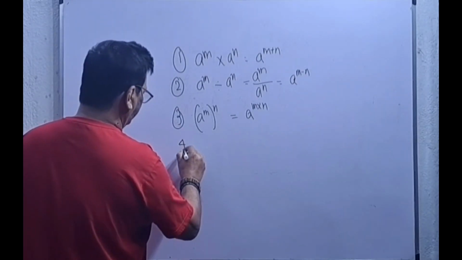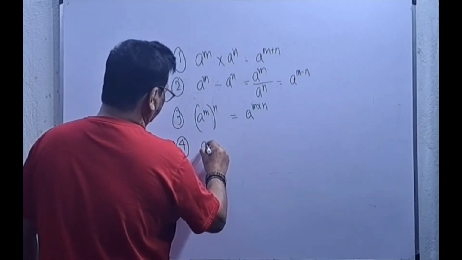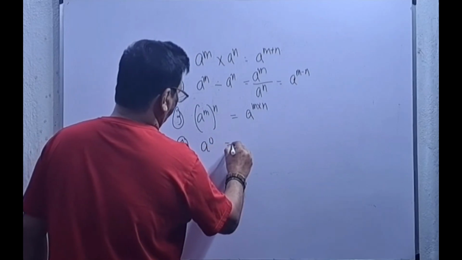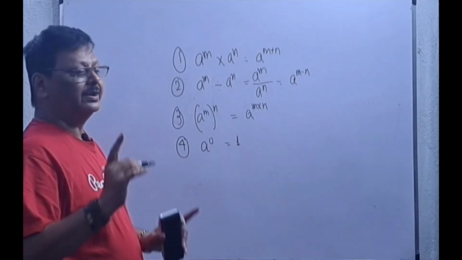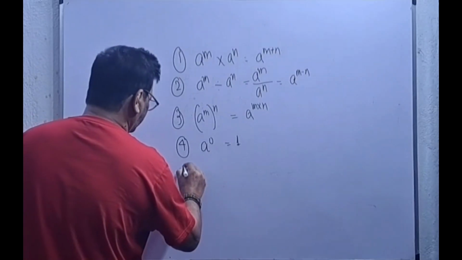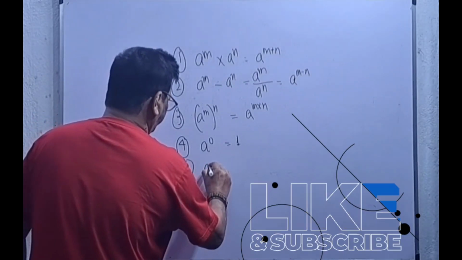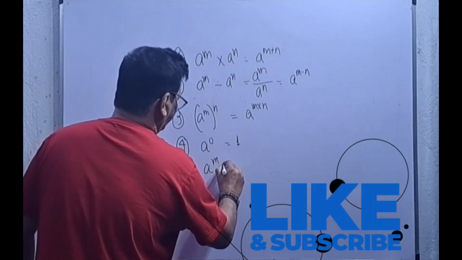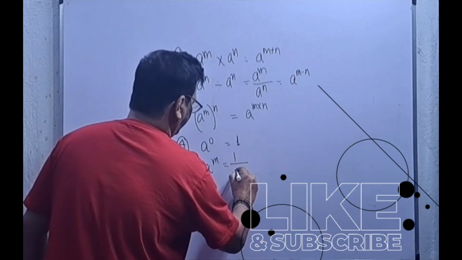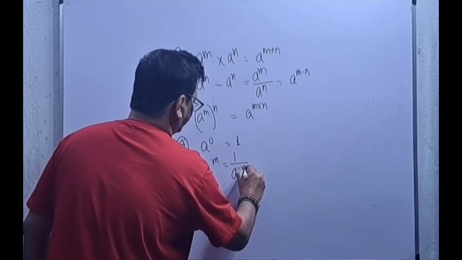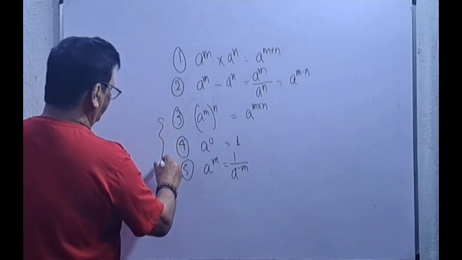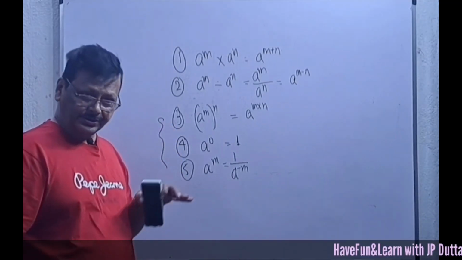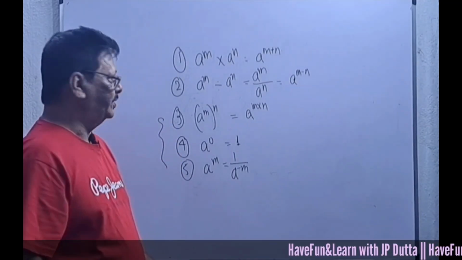Number 4, anything to the power of 0 is equal to 1, and the concept of negative index: a to the power of m is equal to 1 by a to the power of minus m. Don't worry about this. We'll take up step by step in the coming videos.